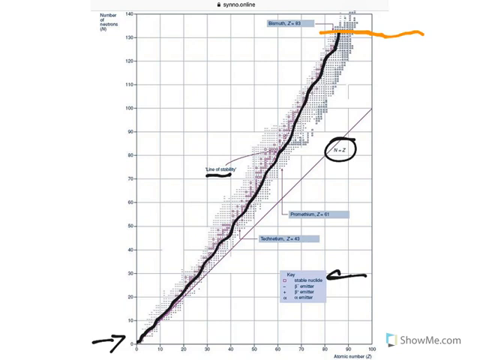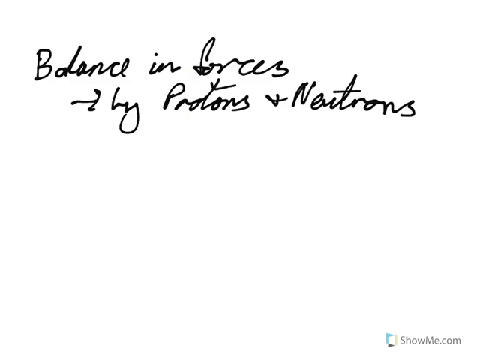So it looks like for those bigger nuclei, higher than bismuth, which has atomic number 83, so 83 protons, the size of the nucleus is getting such that we can't get that balance.